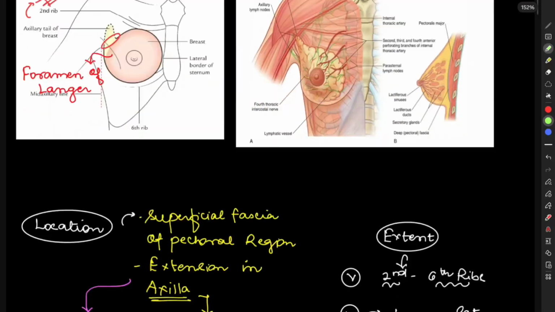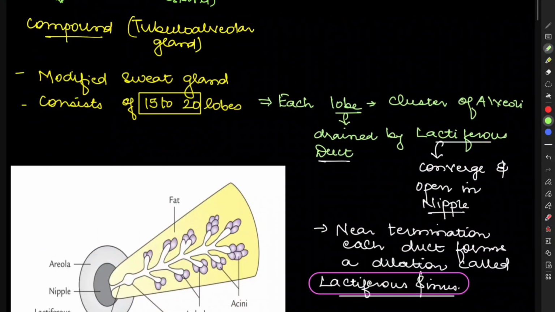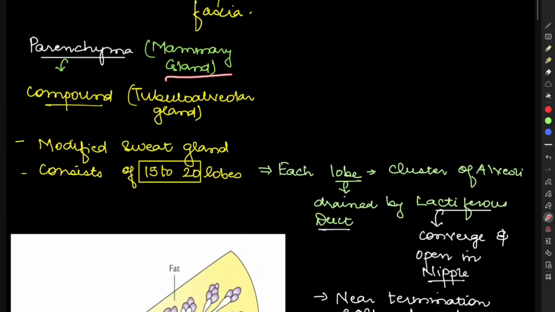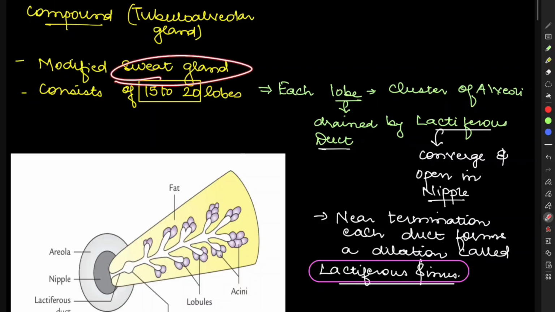Okay, moving on forward with our parenchyma. This parenchyma is the main mammary gland. It is a compound tubulo-alveolar gland. Breast is a modified sweat gland. Areola has modified sebaceous glands, whereas our parenchyma is a compound tubulo-alveolar gland, which is again a modified sweat gland.